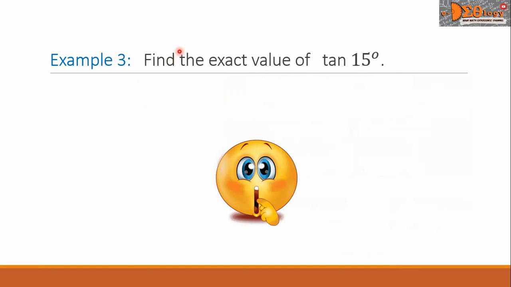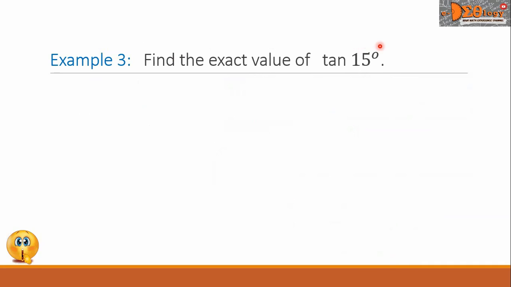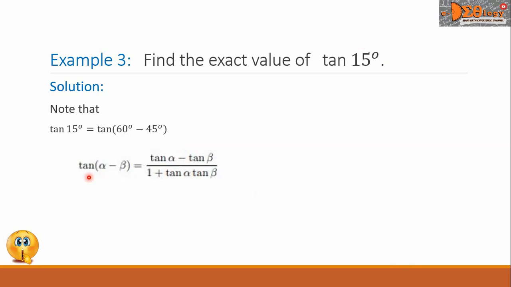Example 3. Find the exact value of tangent 15 degrees. In this case, we're going to write tangent 15 degrees equals tangent of 60 degrees minus 45 degrees. Our formula for the tangent alpha minus beta is here.